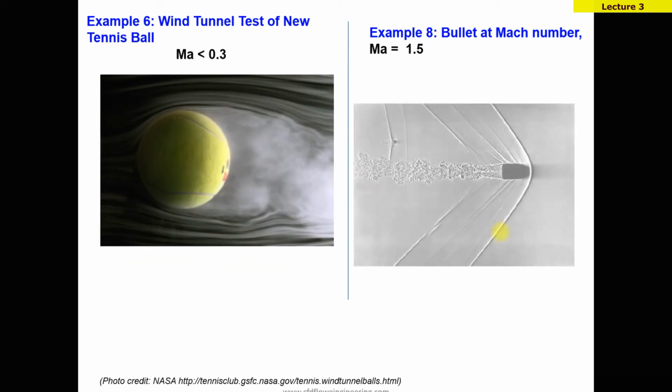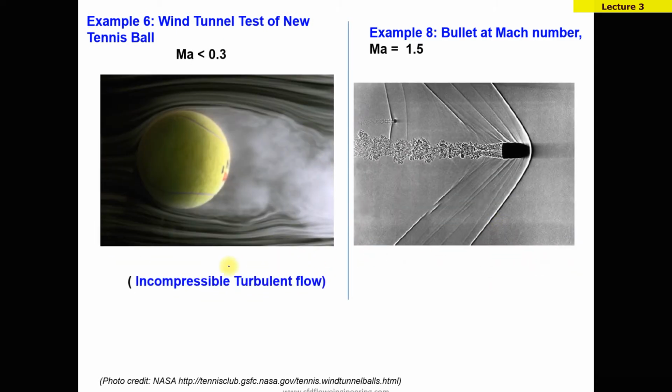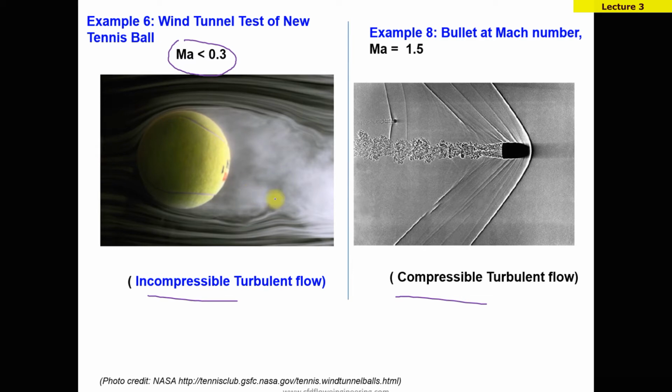Turbulent flow can be compressible or incompressible. When the Mach number is less than 0.2 or 0.3, then the flow is called incompressible. That means there is not much variation in density. If the Mach number is greater than 0.3, then it is called compressible turbulent flow.